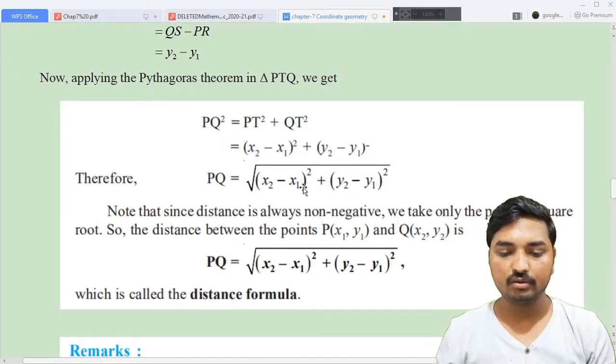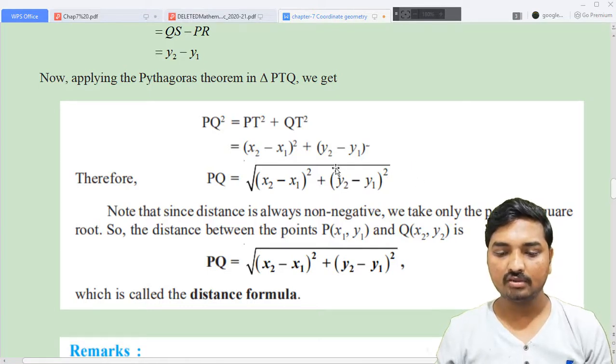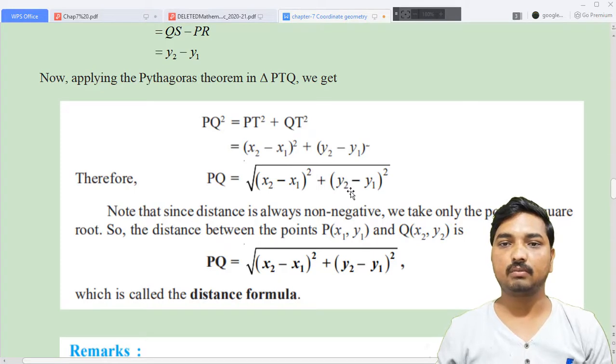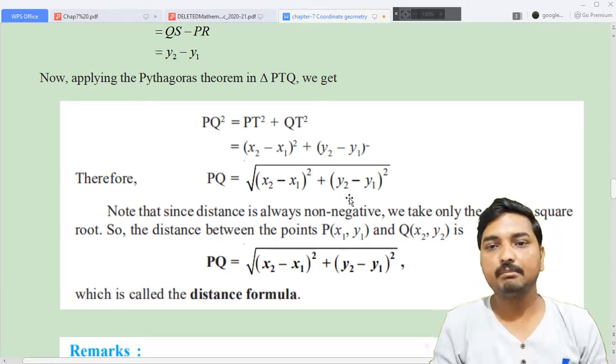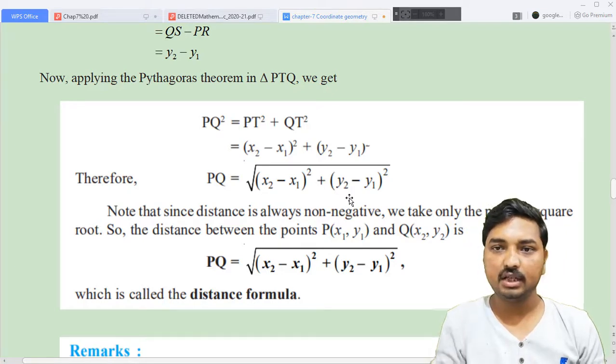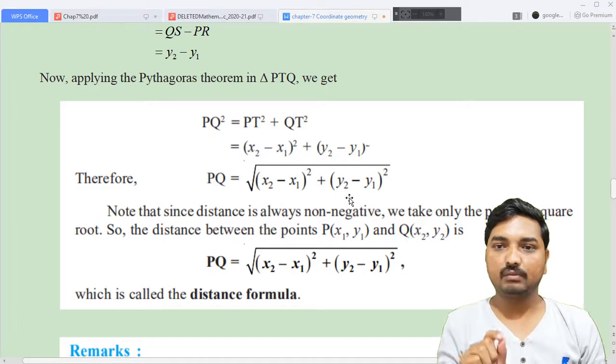Square root of x2 minus x1 whole square plus y2 minus y1 whole square, as it is. Okay, so now this is actually the final formula. This is called the distance formula. Remember, this is actually the required formula. So distance from P to Q can be measured like this: square root of x2 minus x1 whole square plus y2 minus y1 whole square.